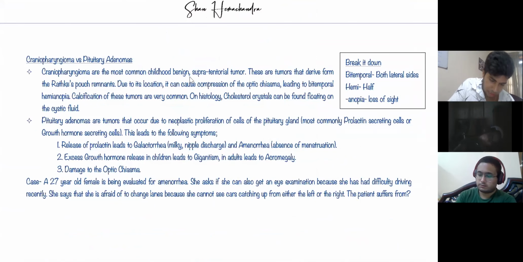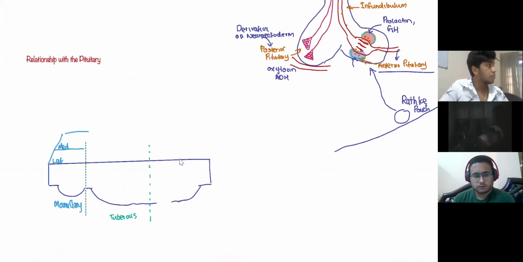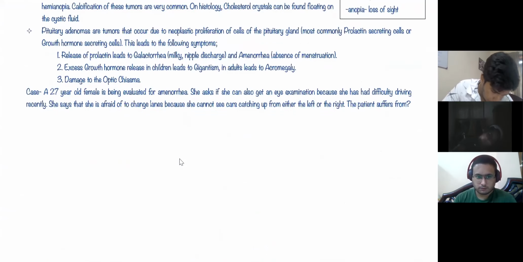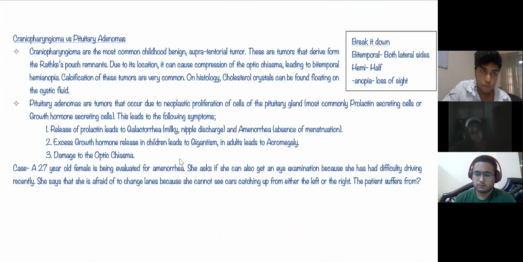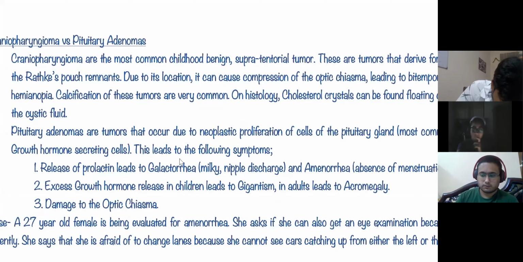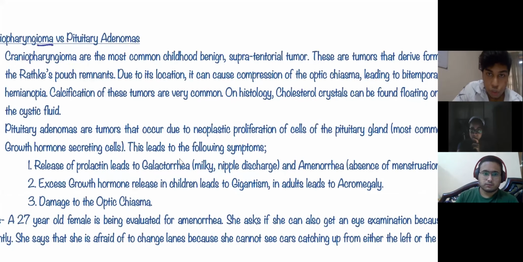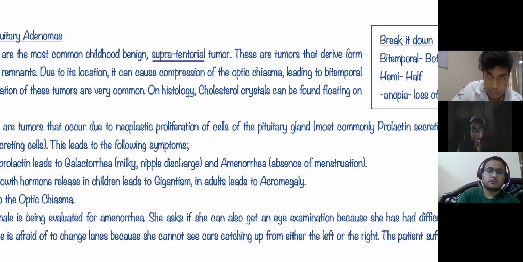Now, next, I want to talk about some tumors which arise in this area. Okay, guys, read this. So craniopharyngioma is the most common childhood benign supratentorial tumor. Remember, from pathology, oma is benign. I will explain that.